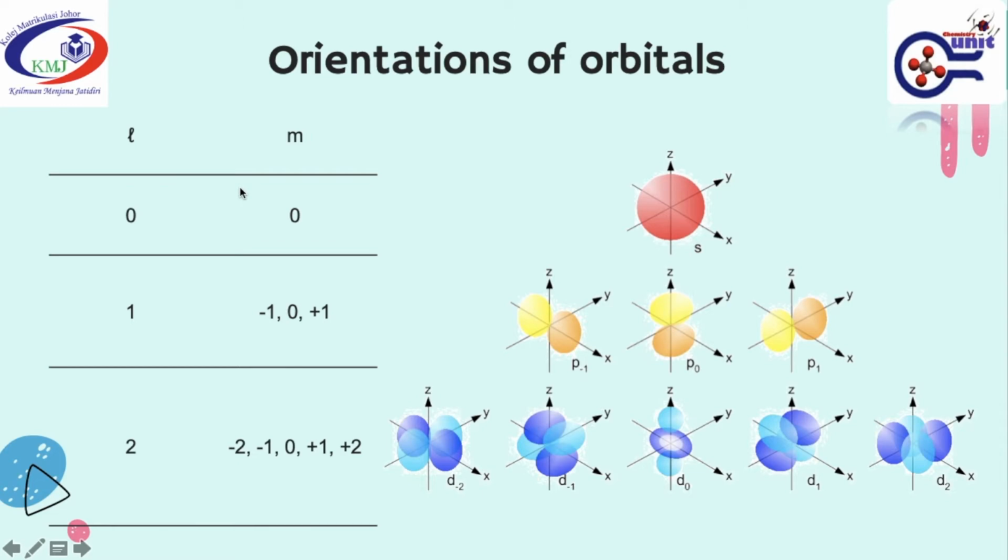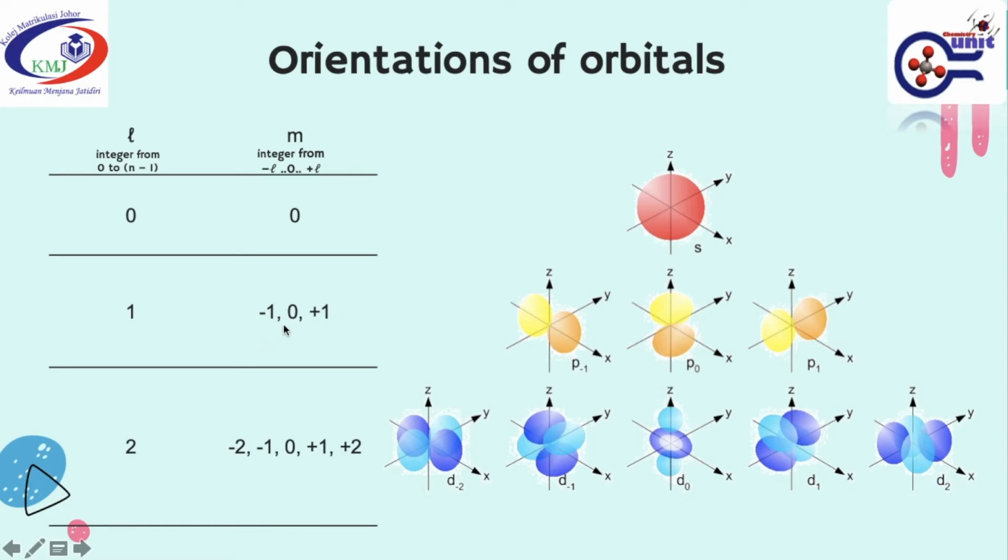So for example here, when we have L is equal to 0, M is equal to 0, so we only have one value of M. One value of M shows one orientation of orbital only. Next, when L is equal to 1, M is equal to negative 1, 0, positive 1.